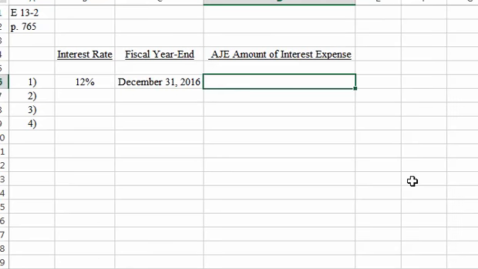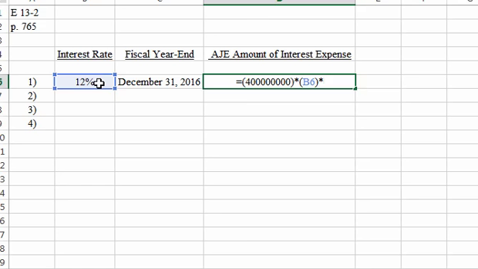Okay, now, the amount of interest expense. This is probably just a review for you guys, but it won't hurt us to go through it. It's going to be equal to the amount borrowed, $400 million, times our interest rate, 12%, times the number of months from July 1st, 2016 to December 31st, 2016.